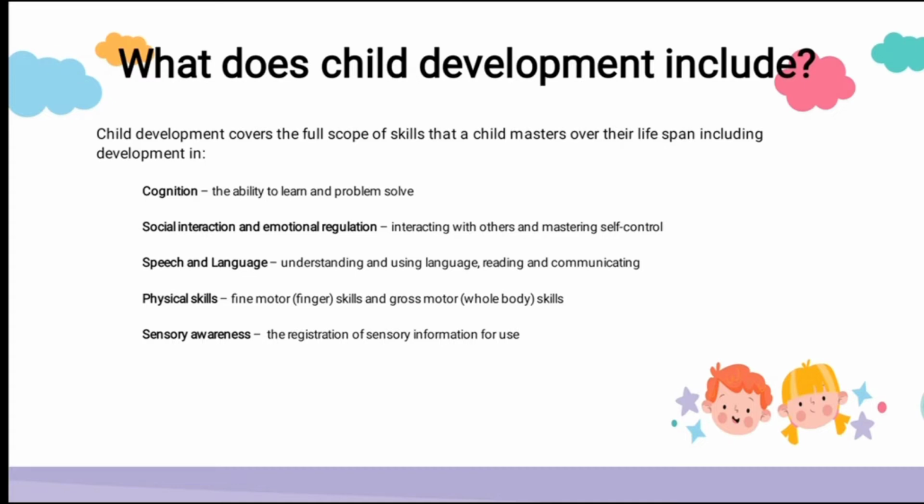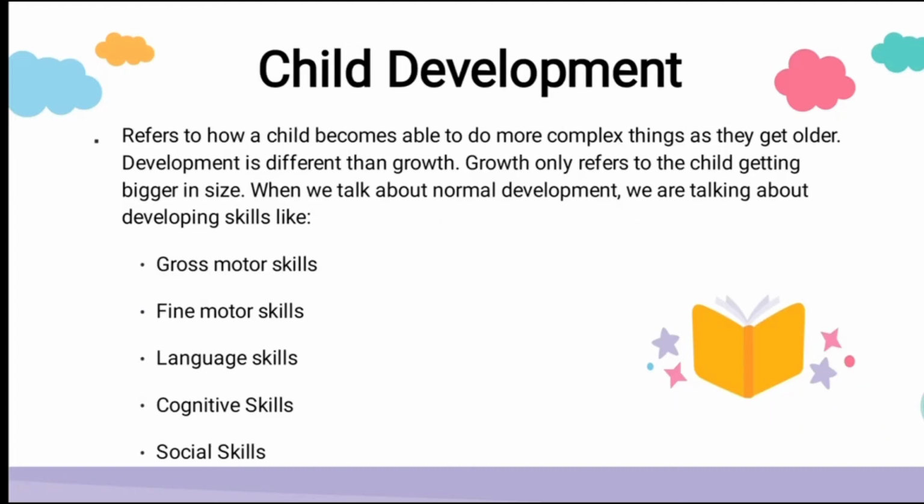Physical skills are such as the functions of fine motor skills and gross motor skills, and sensory awareness is where the child processes sensory information for use. Child development also refers to how a child becomes able to do more complex things as they grow older.